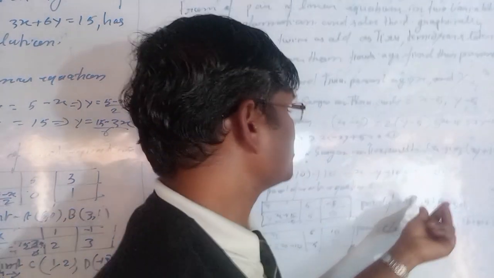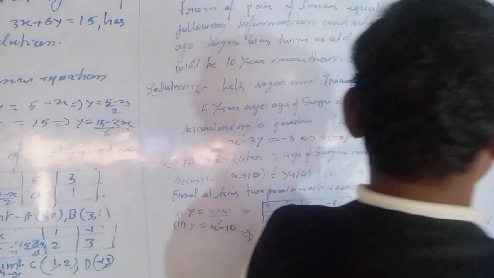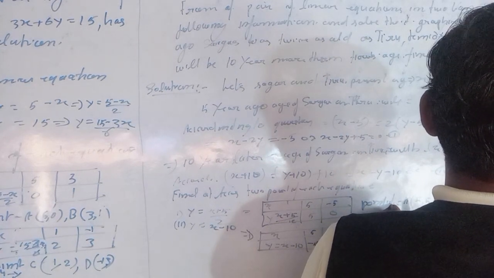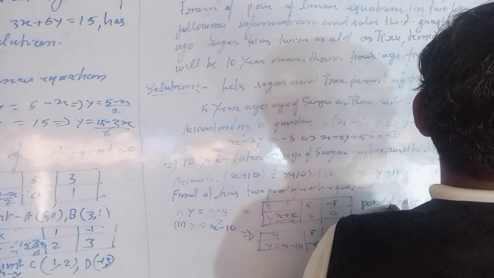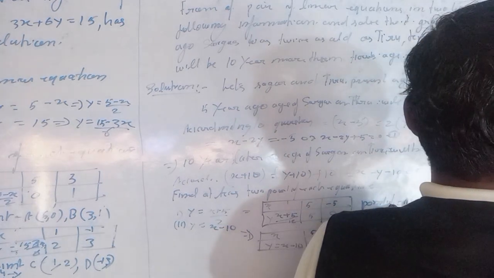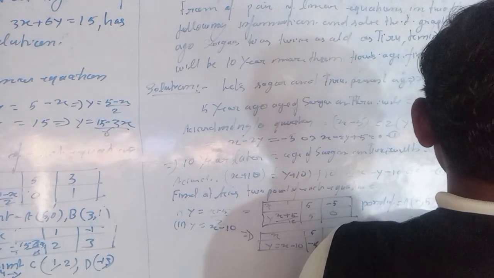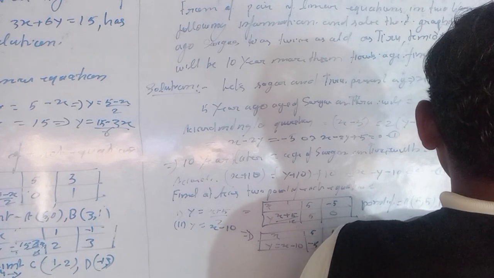So first let's plot the value 5 and 5. X is 5 and y is also 5. This is 5 and 5. Second, B is minus 5 and 0. Minus 5 becomes x, so here is minus 5. So minus 5 and 0.